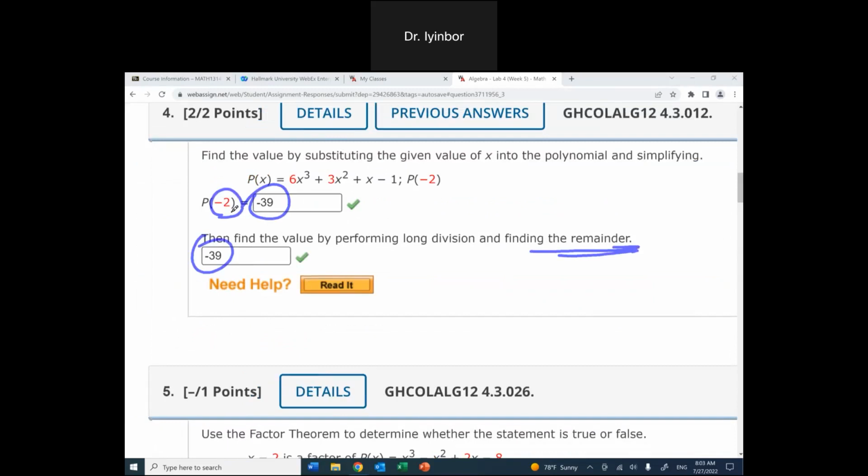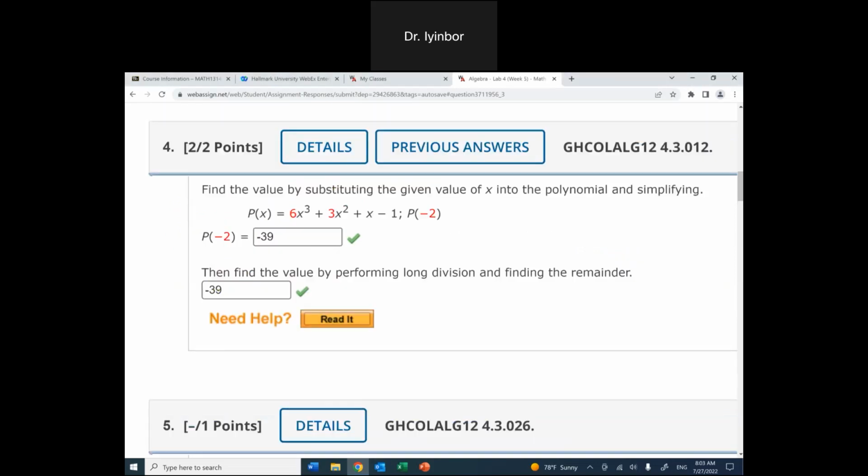When you plug in -2, or when you do synthetic division, the remainders are always going to be the same. So whatever you get when you plug in -2, if it's right, the other one is also going to be the same answer. If it's wrong, then do the synthetic division and get only the remainder, okay? So for this number 4, you're going to get the same answers, but you have different numbers to plug in.